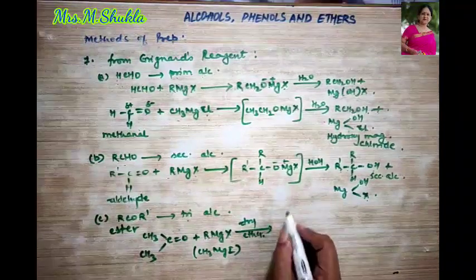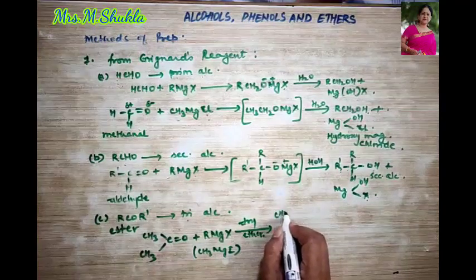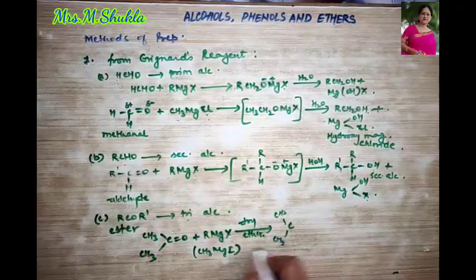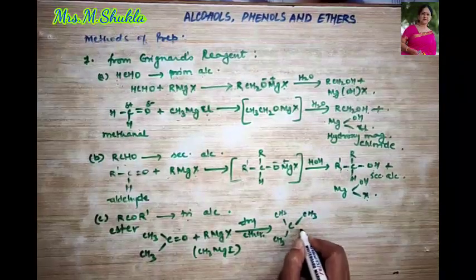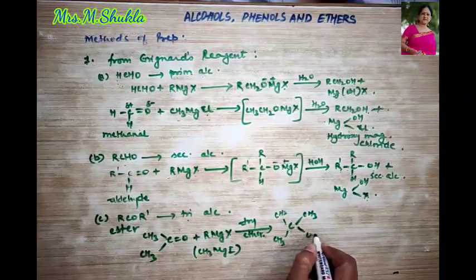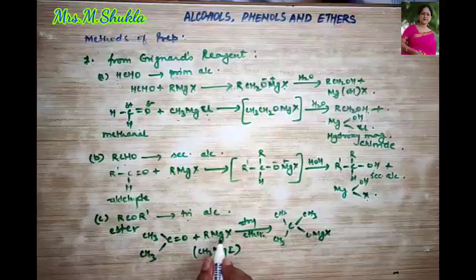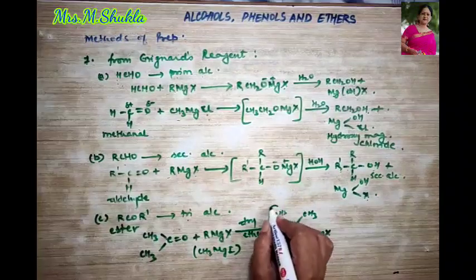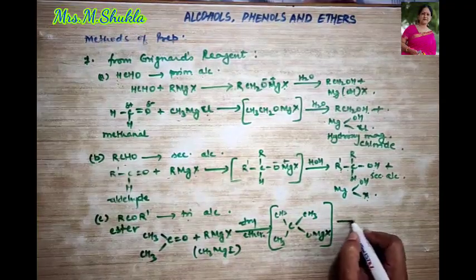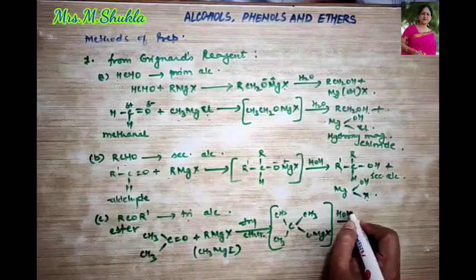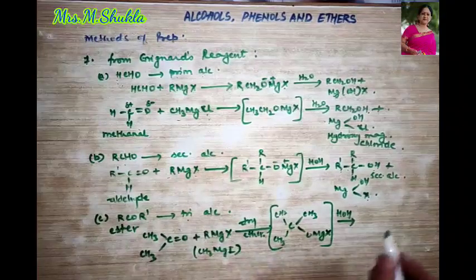When it is treated with dry ether, it is going to give you the intermediate product, (CH3)3C-OMgX. This intermediate product further gets decomposed by water to obtain the tertiary alcohol.